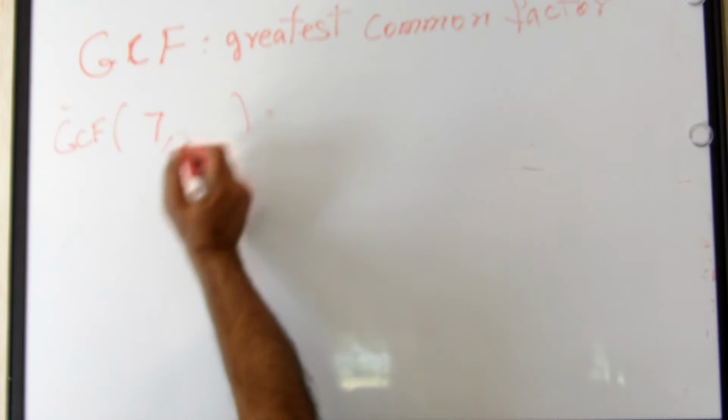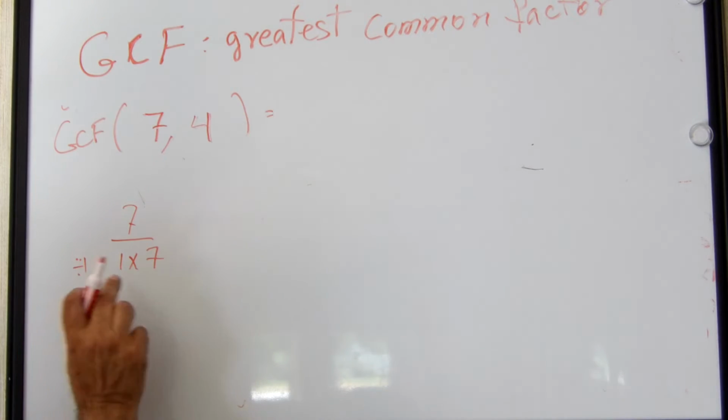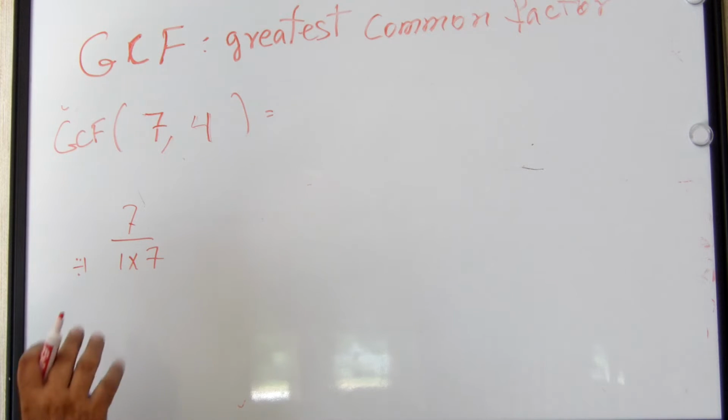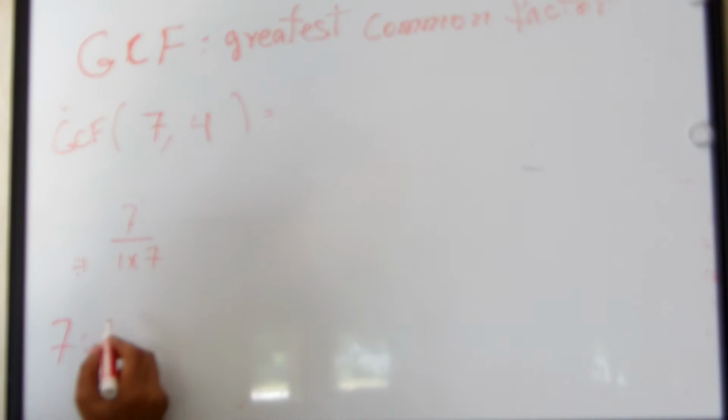I mean, not hard, but see, 7 and 4. For 7, we divide it by 1, 1 times 7. And then we cannot divide by 2, 3, 4, 5, only 1 and 7. That's why we call 7 a prime number, only divisible by itself and 1. So with 7, we only have factors 1 and 7.